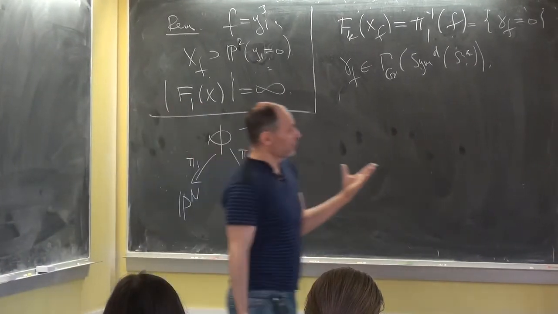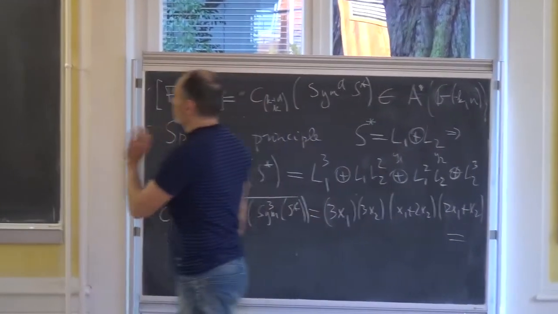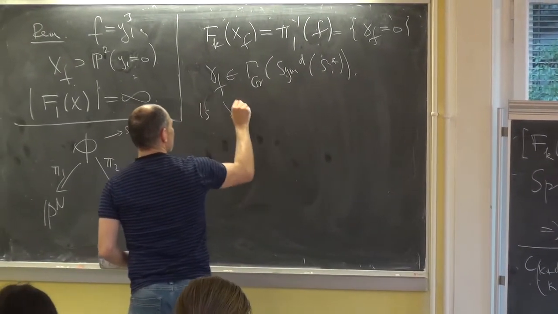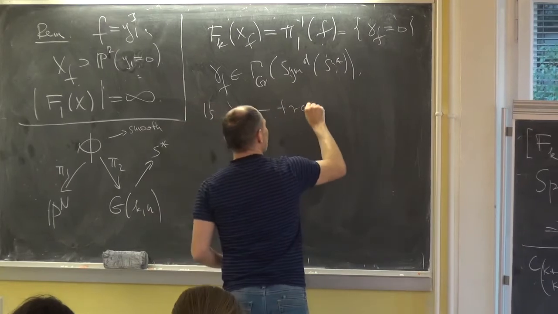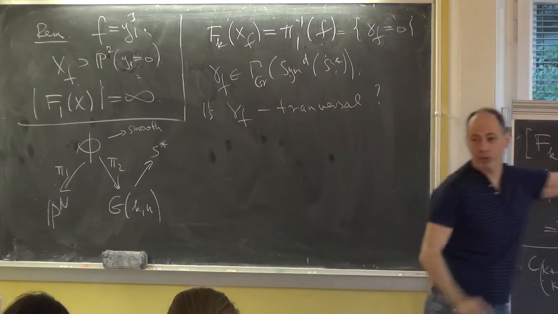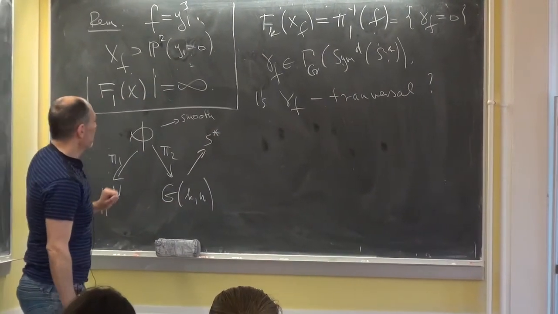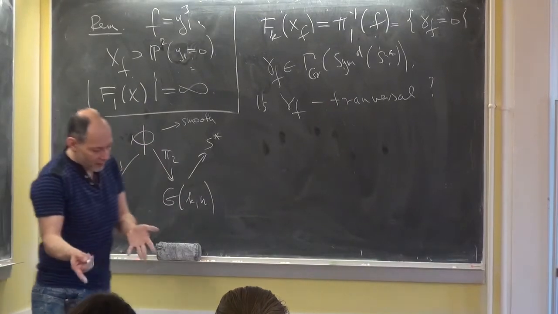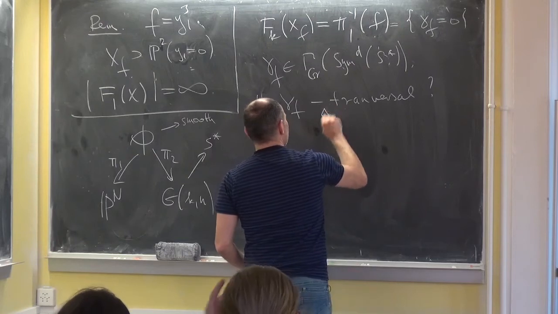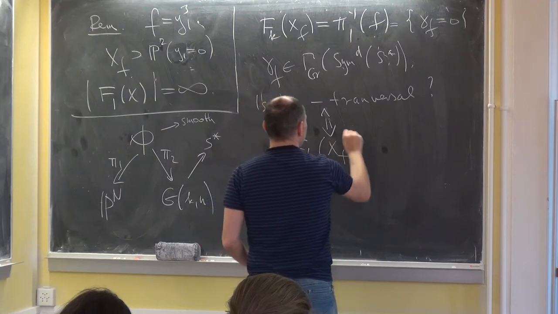What is important now is that in our setup we are precisely interested in the following: is gamma f transversal? Because if it is transversal, then this equality is true, and then we are all set. And it's easy to see that when the thing is transversal, this is equivalent to saying that F_k(X_f) is smooth.